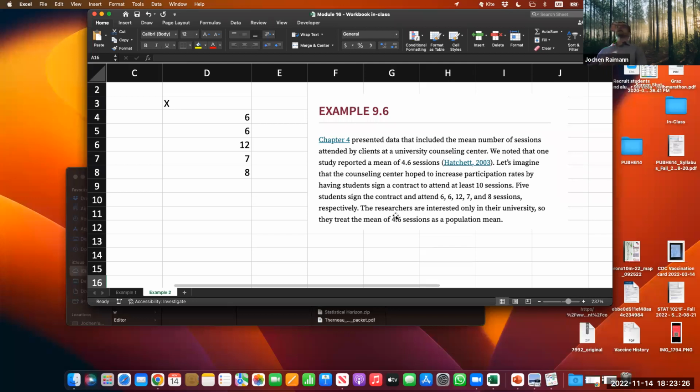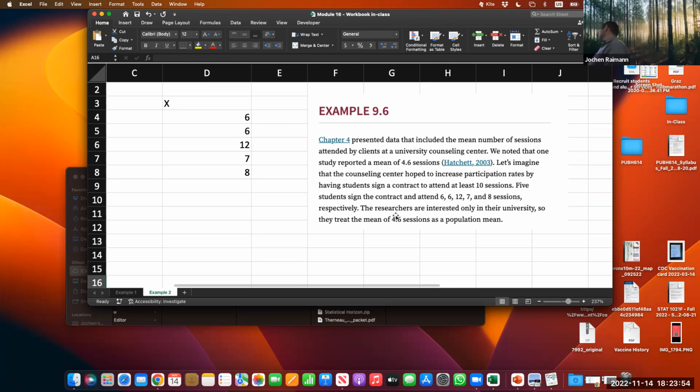You have to empower an individual to actually do something which is good for them, so you have them sign a contract. This was also true here for the counseling sessions. The students signed a contract with themselves, with the counselor, that they would attend at least 10 sessions. 5 students signed the contract, attending 6, 6, 12, 7, and 8 sessions respectively.